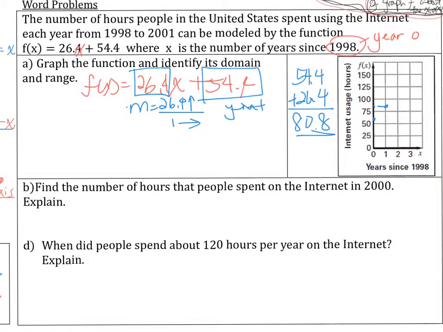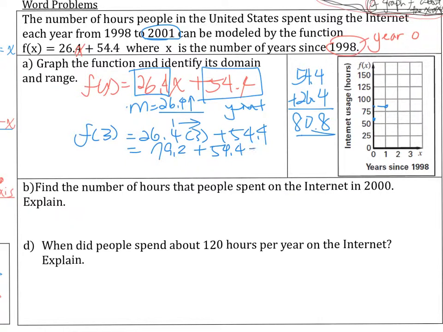Okay, and I know that my final year is year 3. So when f of 3, what's my value during year 3 will be 79.2 plus 54.4, and that would equal 133.6.